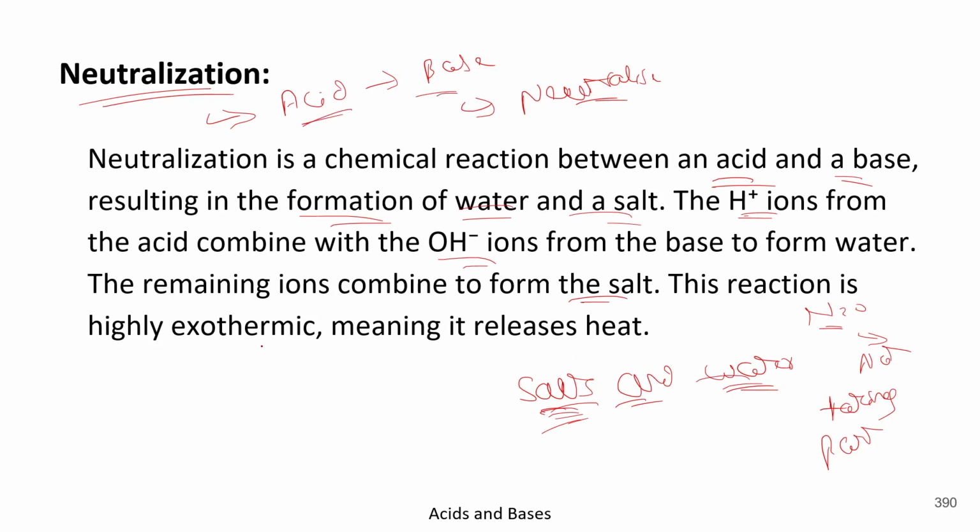Remember, this is an exothermic process. Whenever an acid reacts with a base and you get salts and water, a large amount of heat is released. So it is an exothermic process.